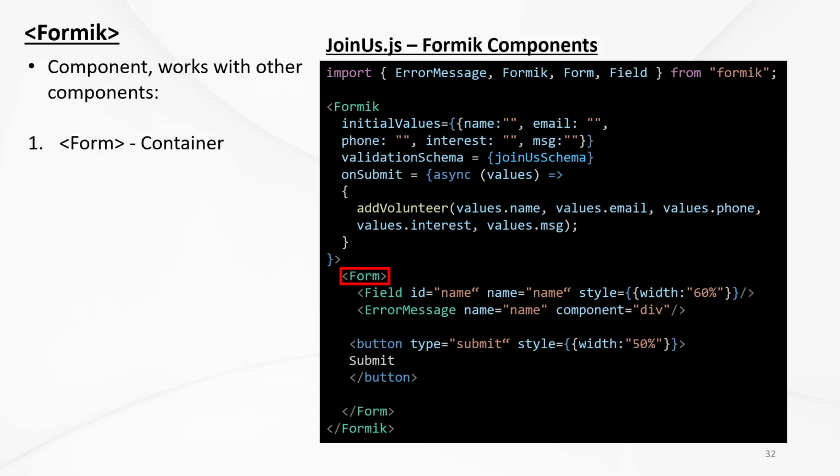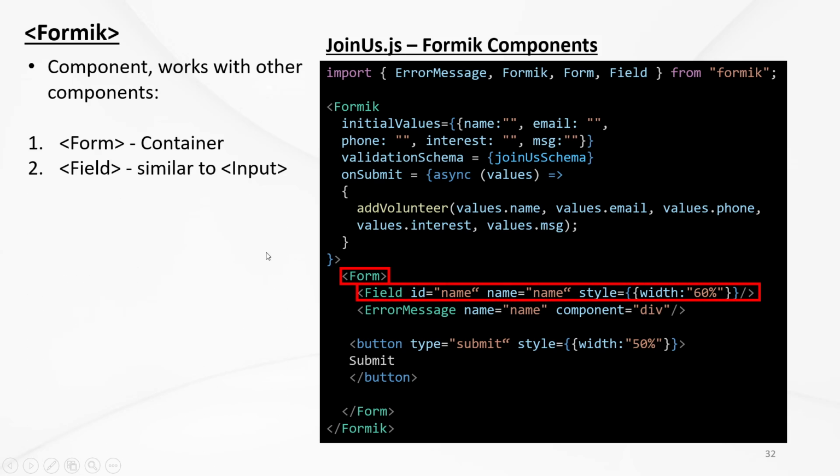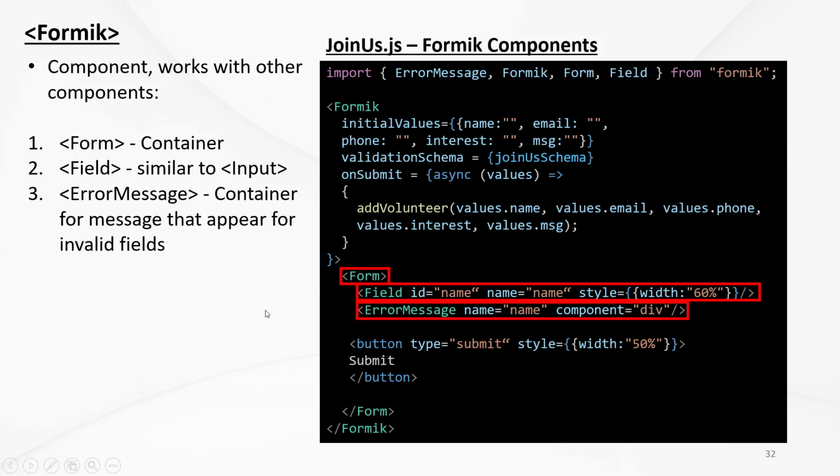So as you can see here, what we use to do our form is we here have a Formik. We'll declare the thing here, Formik, and we have a Formik container to contain the field, error message, and we have this submit button here. So what I would like to share on this Formik component is that this field is the equivalent to your input field.